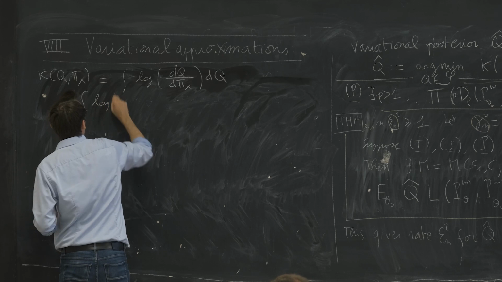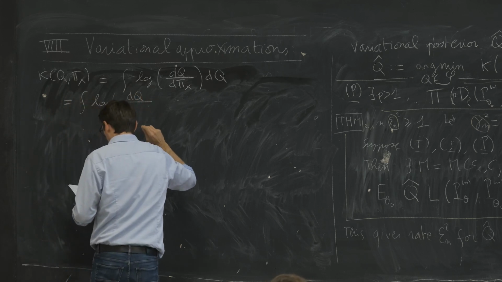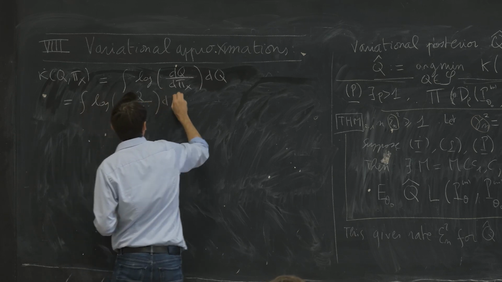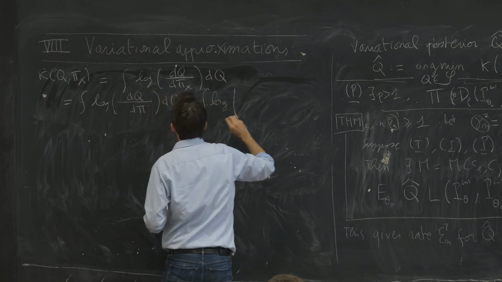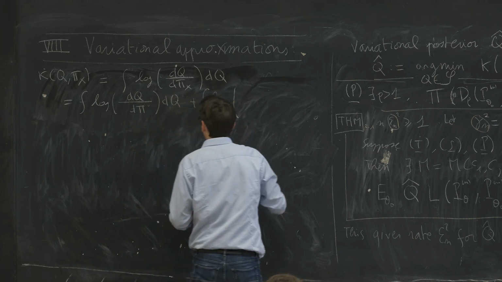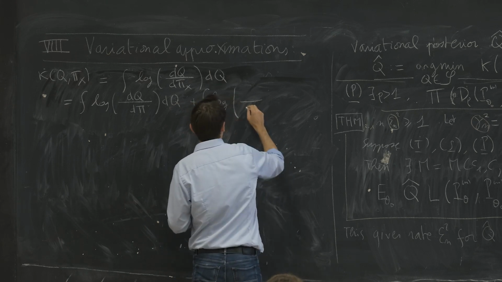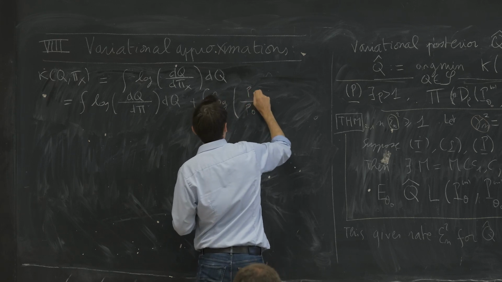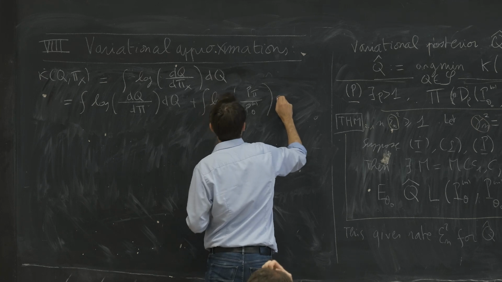Integral of log dq over d pi, dq, plus what remains is a ratio of log of p theta n over p pi, dq.